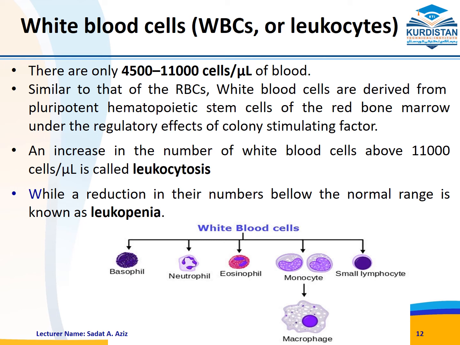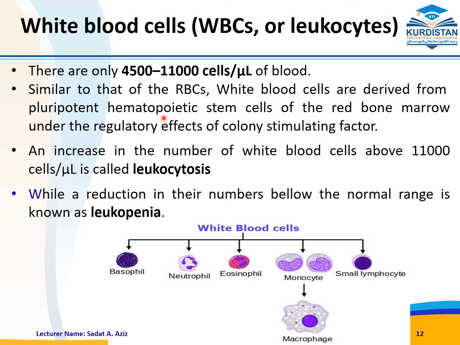If you remember what we said, we have millions of red blood cells in the circulatory system, while there are only a few thousand white blood cells. So the number of the white blood cells is much lower compared to the red blood cells.